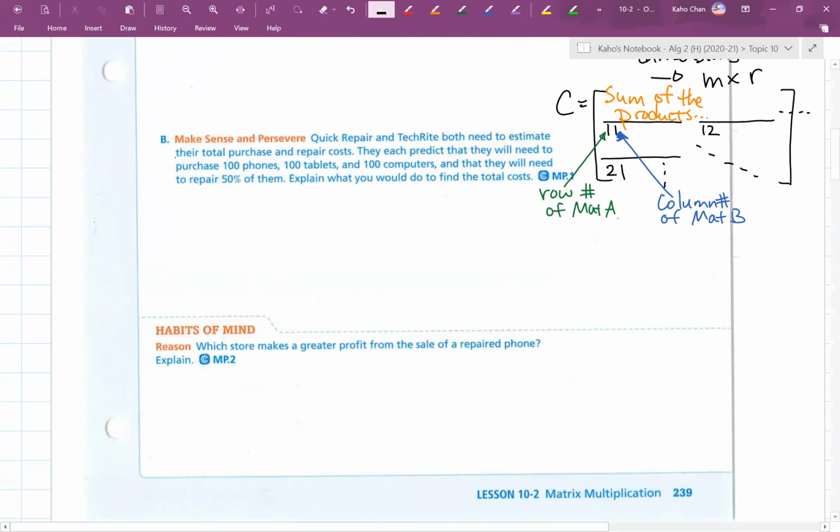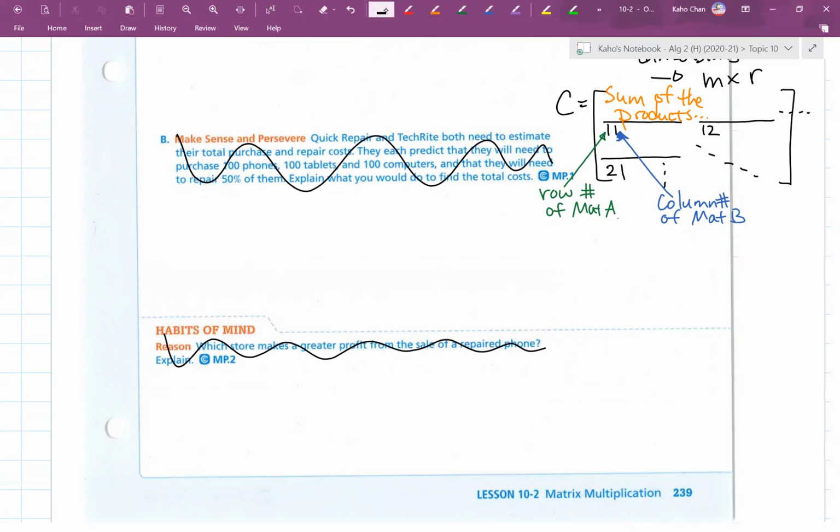So let's ignore this space right here and try one together. Let's make something up here off to the left. Let matrix A be a 2 by 3 matrix: 1, 2, 3, 4, 5, 6. That's easy, it's a 2 by 3.